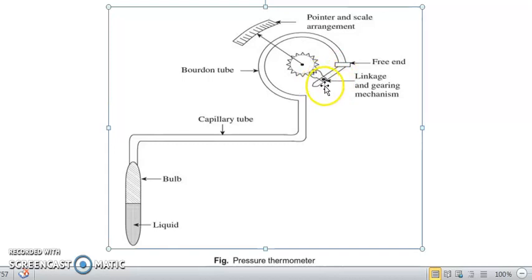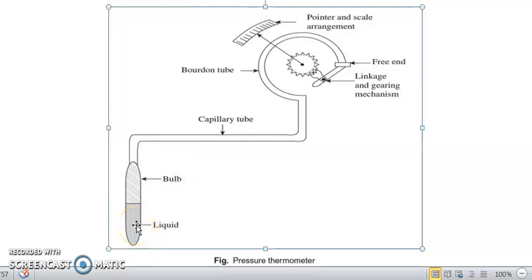Due to the change in shape of the Bourdon tube, this linkage will change its position, due to which the scale pointer will change its position and indicate the temperature which is measured through this bulb. Okay, so this is the working that I have explained.